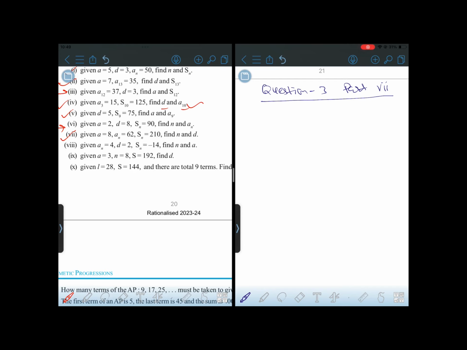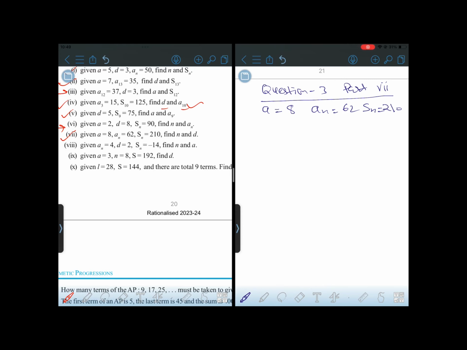So here we are given the value of first term, that is a is equal to 8, an is given as 62, Sn is given as 210. We have to find out the value of n and d.